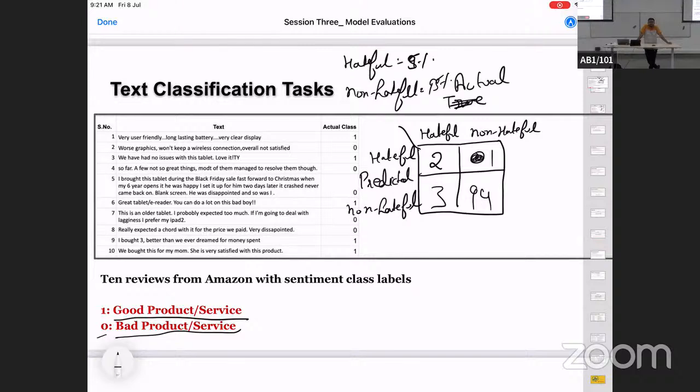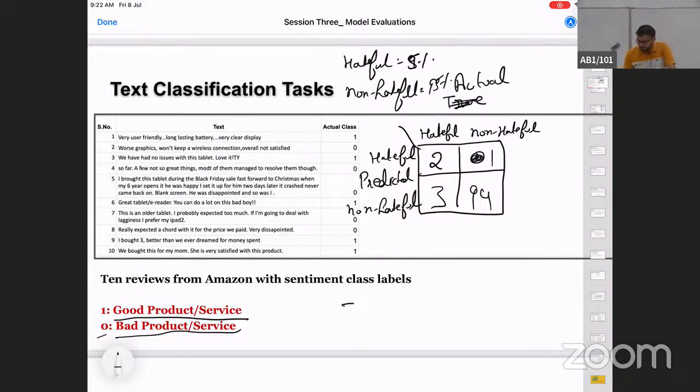Otherwise, we cannot define what the precision is here. So what class do you think can be considered as positive? Hateful or non-hateful? What do we want to predict actually? Hateful. So in that case, the instances which are predicted as hateful or which were actually hateful will be considered as positive. Everything else will be considered as negative.